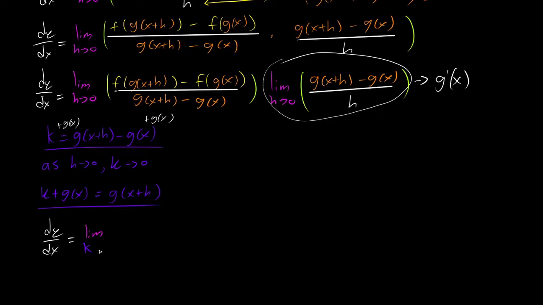of f of, and instead of writing g of x plus h, I'm going to write g of x plus k, because that's our substitution. So f of g of x plus k minus f of g of x.